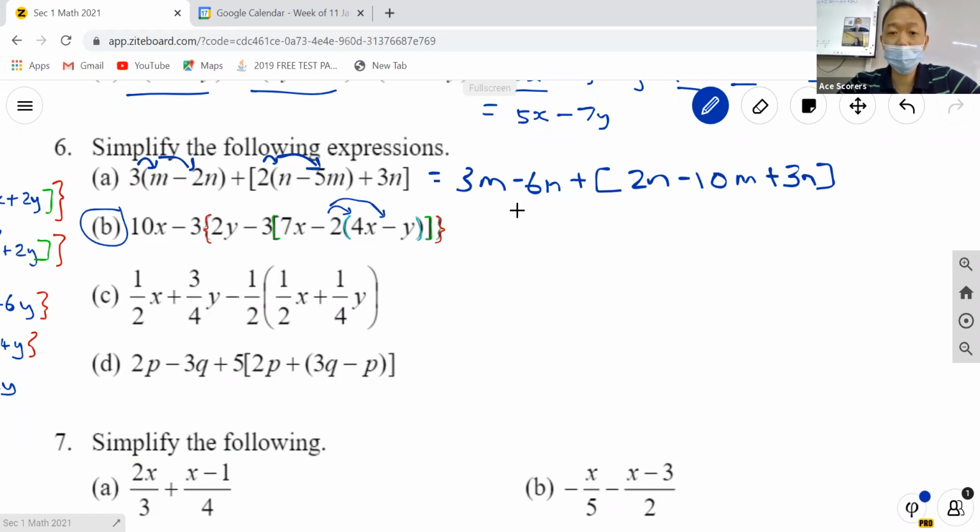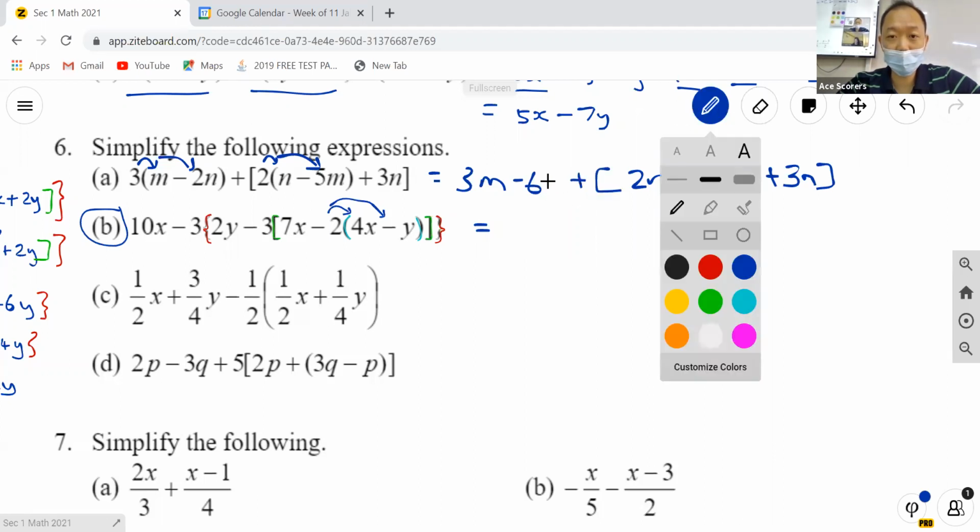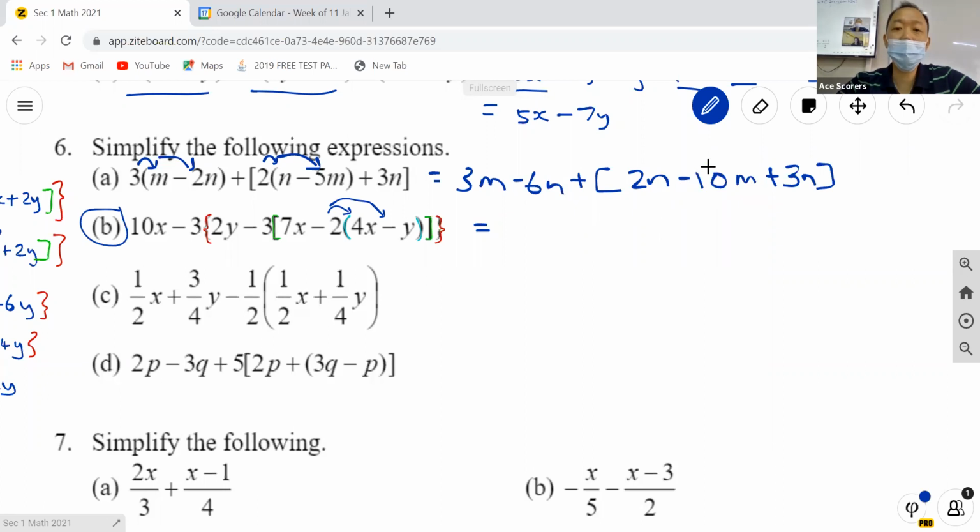Once you have this, you move on to the next step. Now over here, this is an m and an n. So now I need to do inside this bracket. Here there's nothing to do, so I just copy 3m minus 6n. And now I need to solve inside here. This is 2n minus 10m plus 3n, so actually 5n minus 10m, and eventually no more brackets, so I can just evaluate.